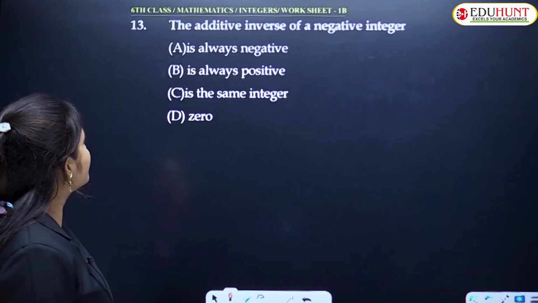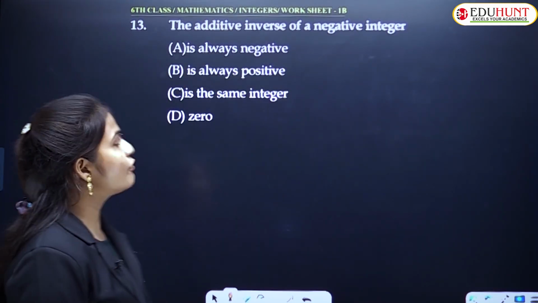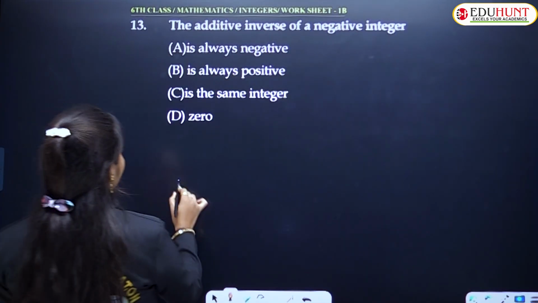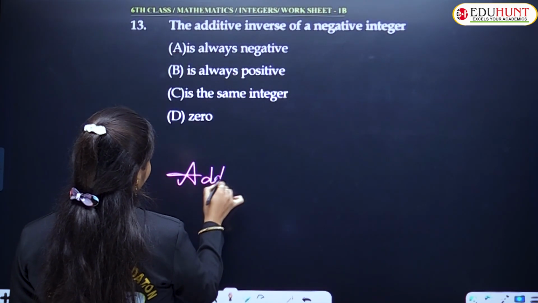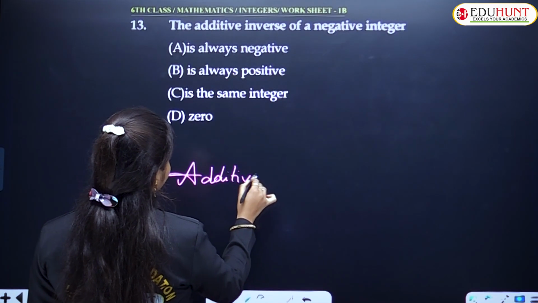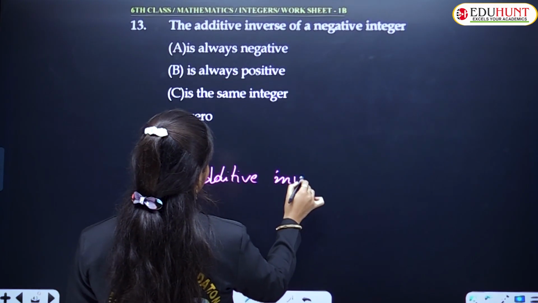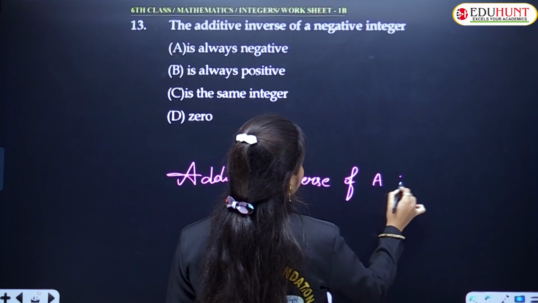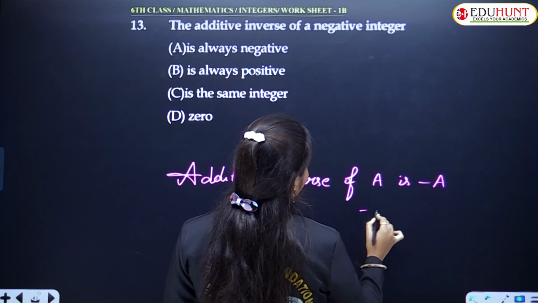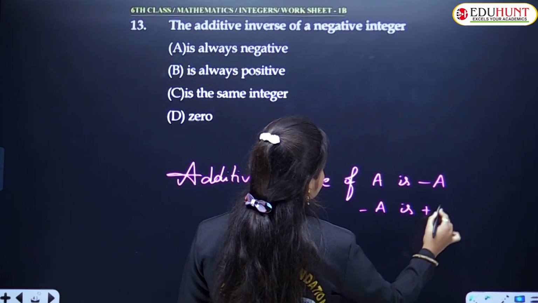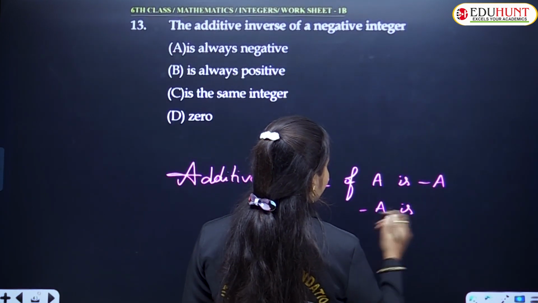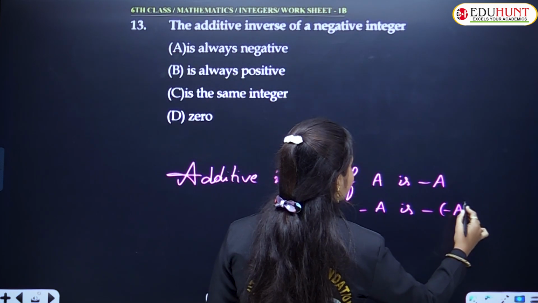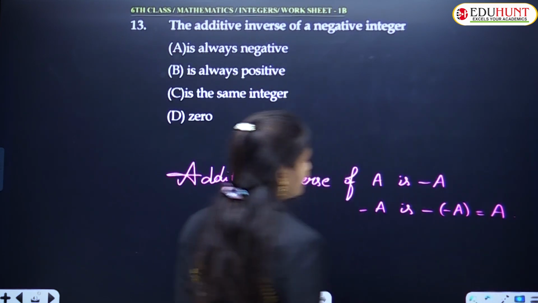Next, the 13th question says the additive inverse of a negative integer. Additive inverse. What about that additive inverse here? The additive inverse of a is minus a. Or else minus a is minus of minus a, which is equal to plus a.